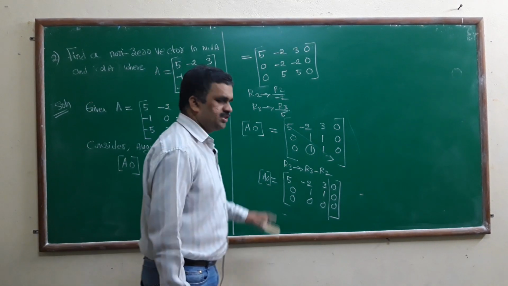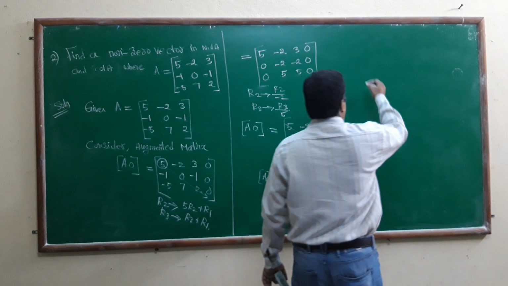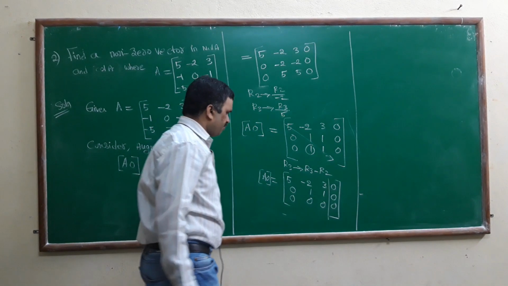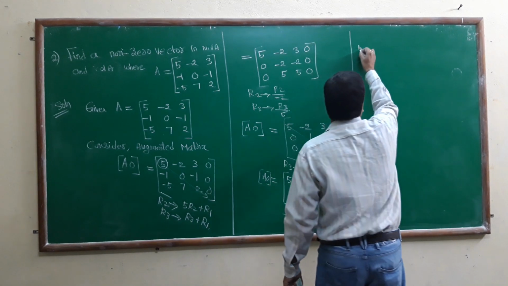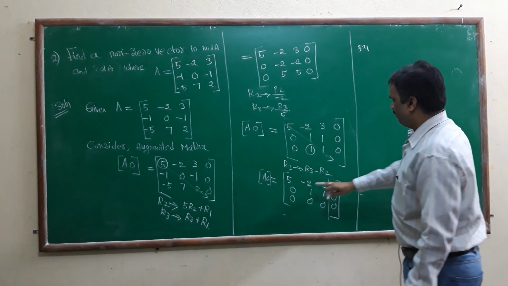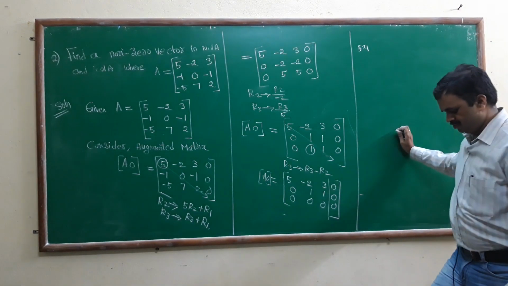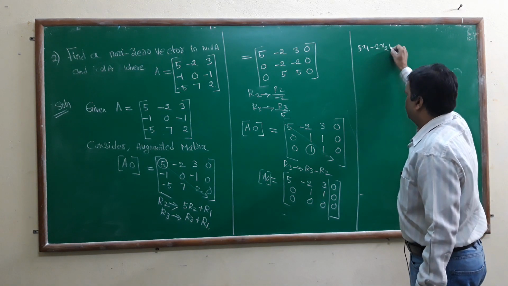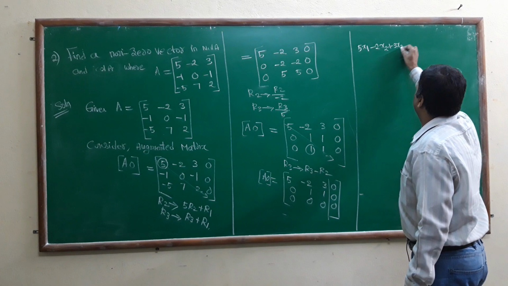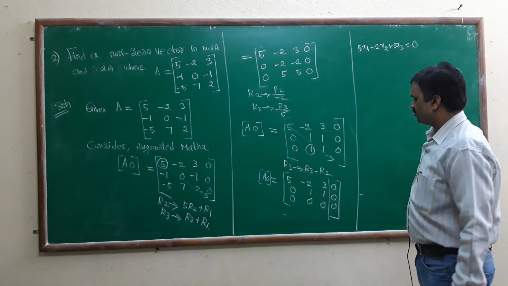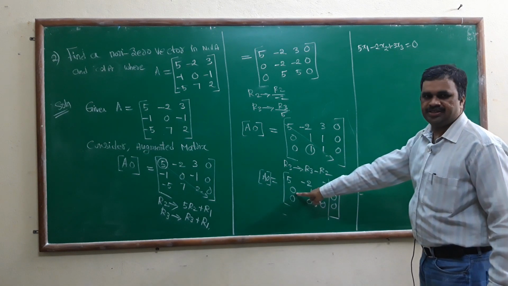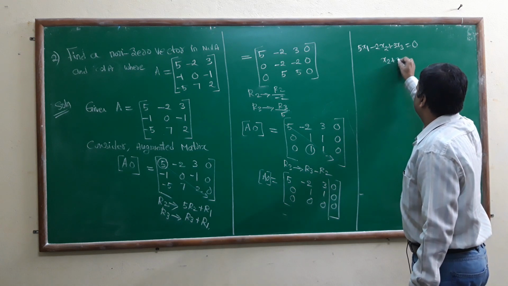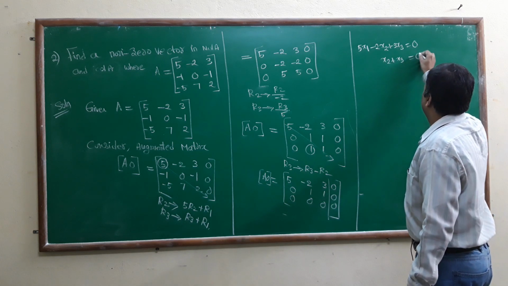Now I'll write the equations for this one. Equations: 5x1 minus 2x2 plus 3x3 equal to 0. Next 0x1 plus 1x2 plus 1x3 is equal to 0.